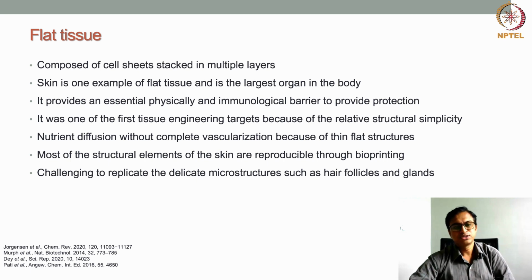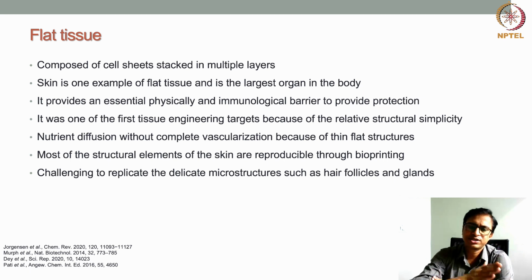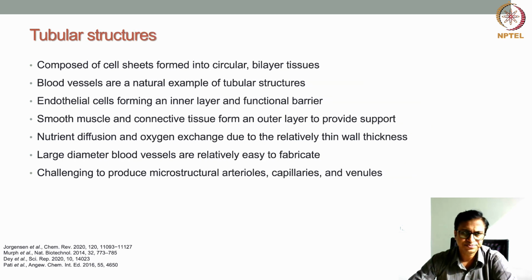Those are the current focus areas where people have been working. But for skin tissue bioprinting, a lot of research work has been done, and you can go through different literature to understand more about this.